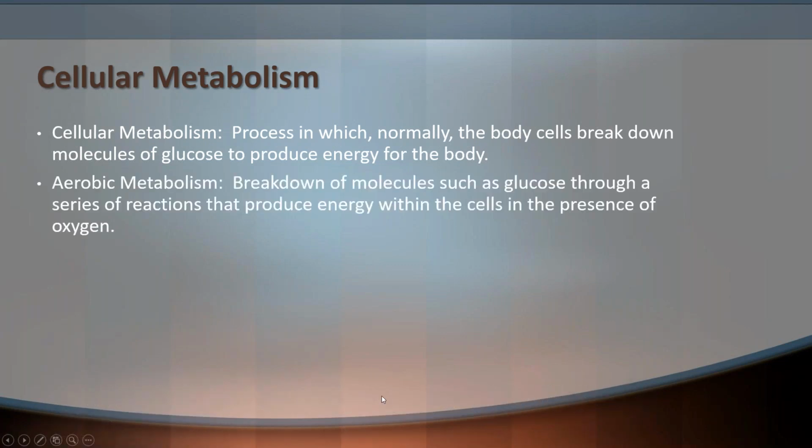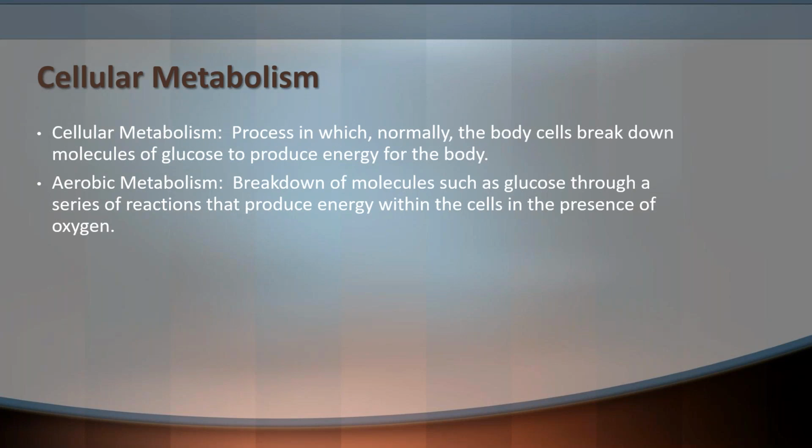Now, there are two ways in order for the cells to metabolize and create that energy. First, aerobic metabolism. This is going to be the breakdown of those molecules through a series of reactions that produce energy within the cells, and we have the presence of oxygen. So this is the best case scenario for us to perfuse properly, where we have oxygen inside the system.